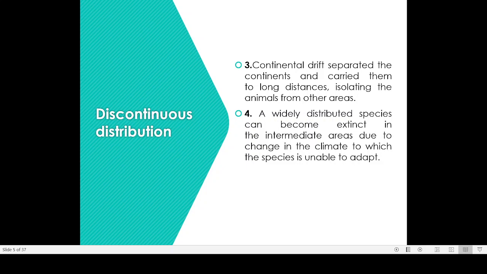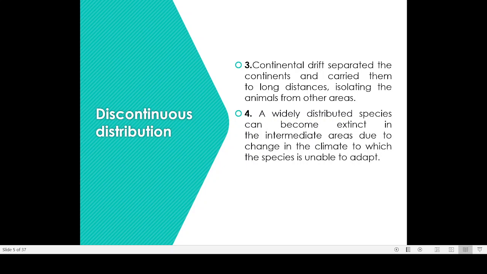Because of the slow separation of the Indian mainland from the African mainland, animals which used to be together, like African cheetah, elephant, and lion, were all in the same geographical area. But when India gradually moved away, the elephant gene pool got separated, and the elephant gradually developed into two separate species.